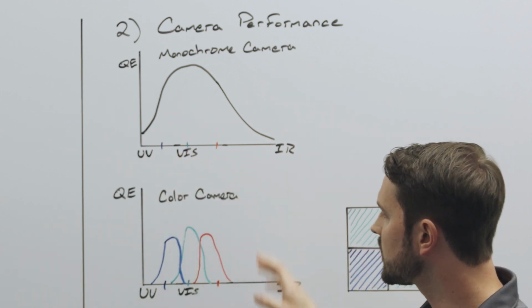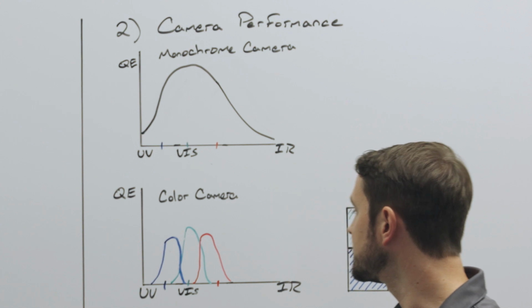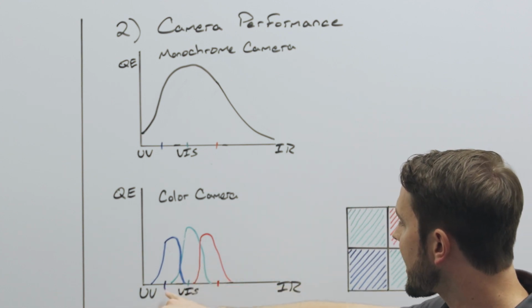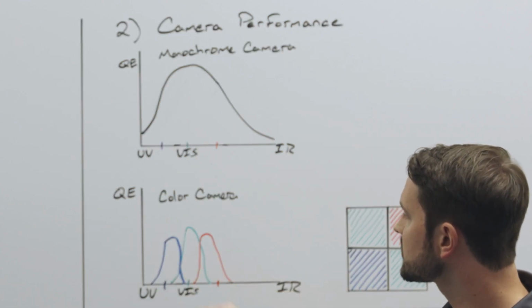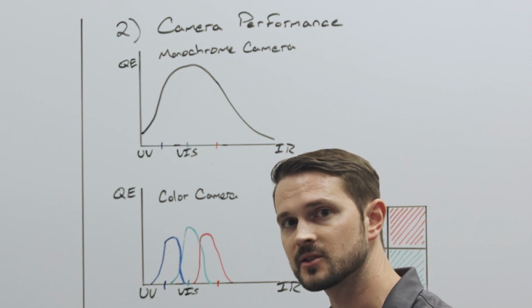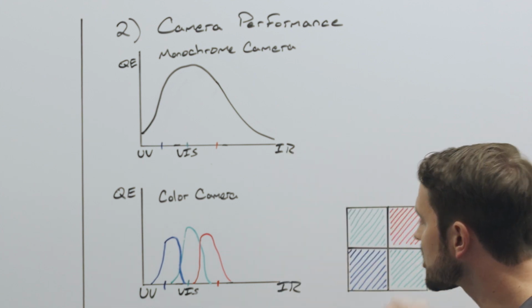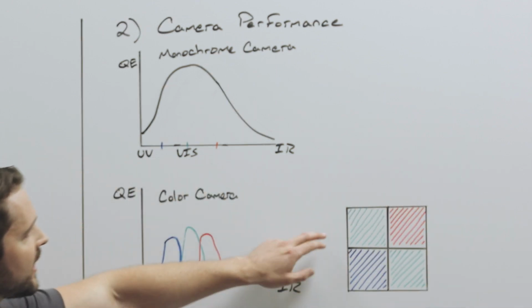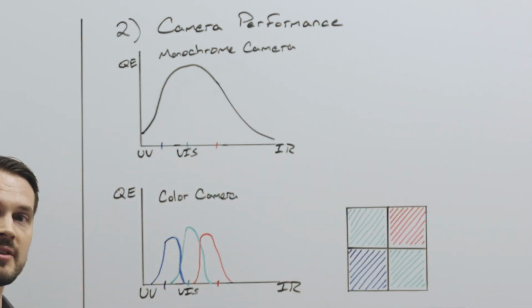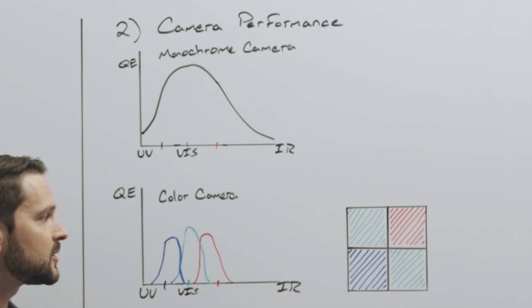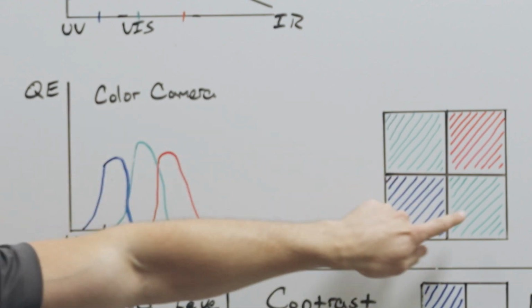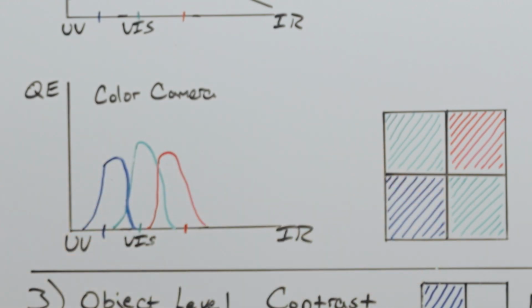The color camera looks a little bit different, right? So here what we actually have is three somewhat more discrete responses to our wavelengths. And that's coming from the fact that here we have these Bayer pattern filters. This Bayer pattern is actually over the top of each 2x2 set of pixels. So here we have two greens and one red and one blue pixel.